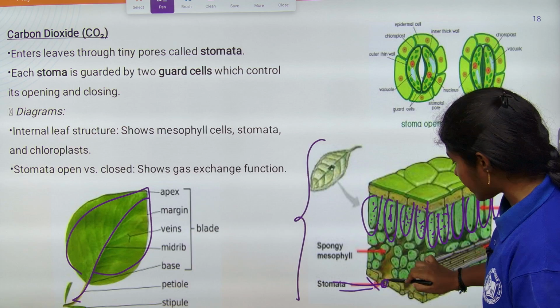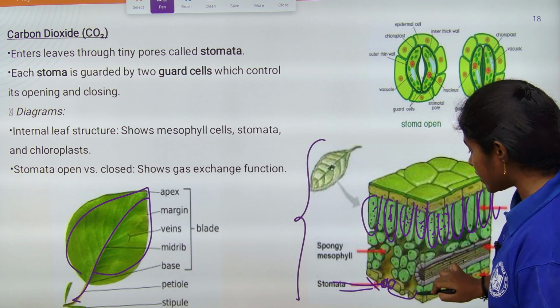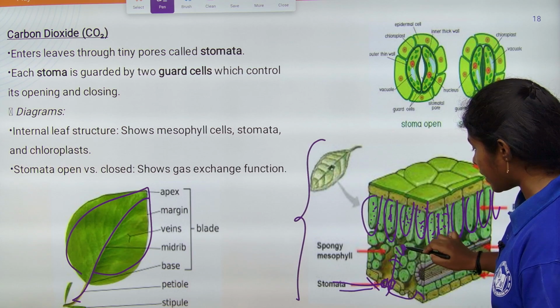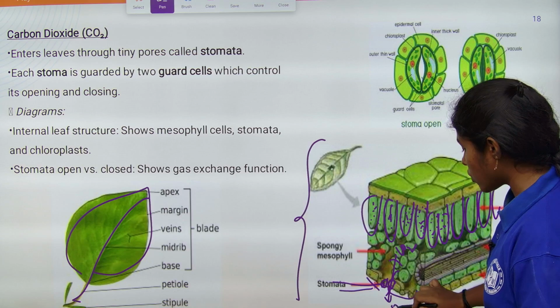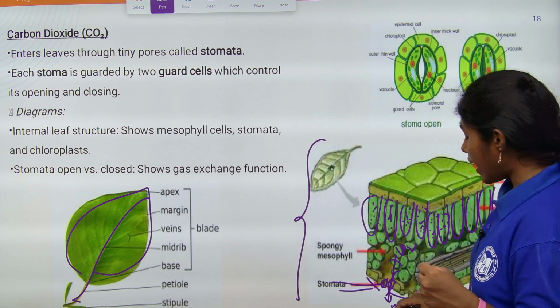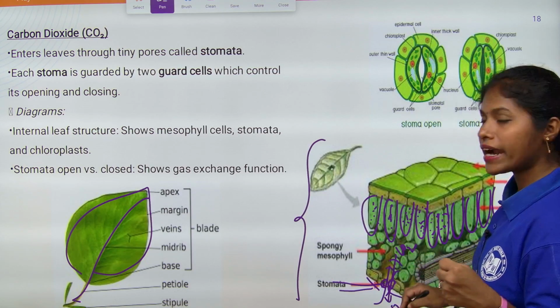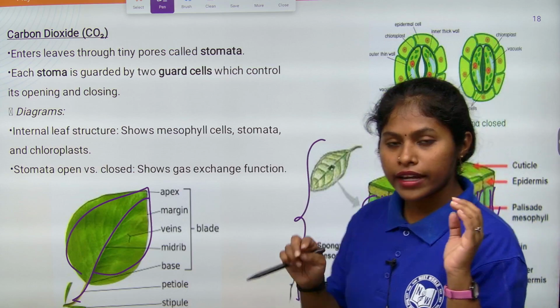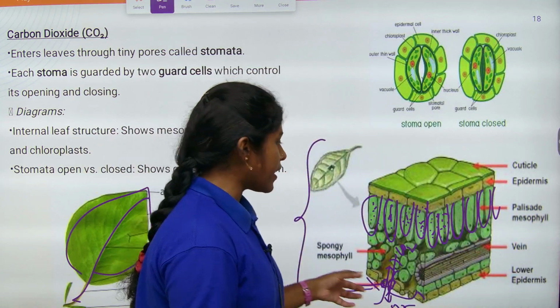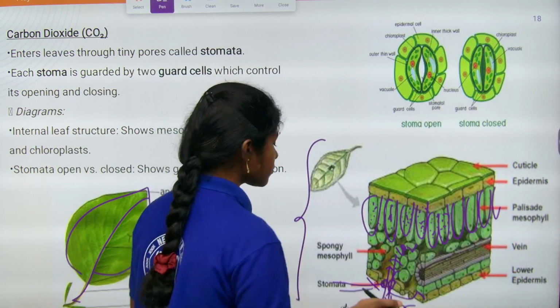Through this stomata, when it is open, carbon dioxide comes inside and oxygen goes outside, right? And water also comes through this stomatal pore. We call it the stomatal pore, right?